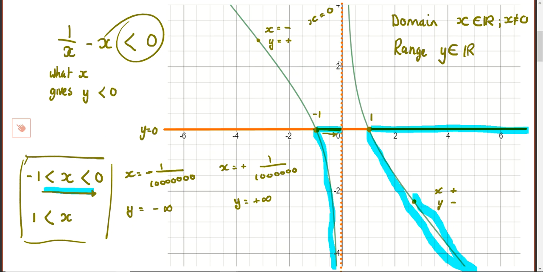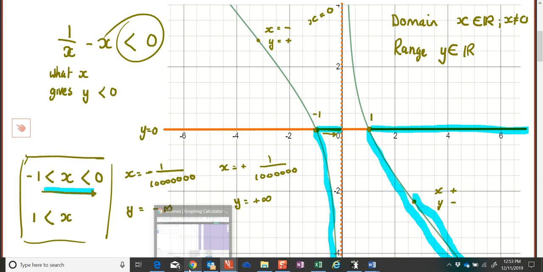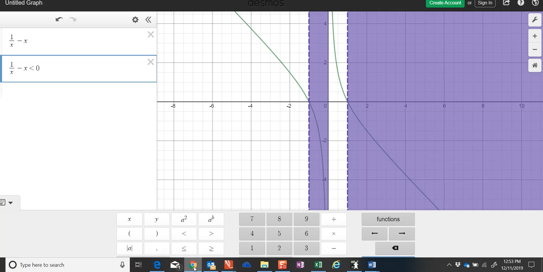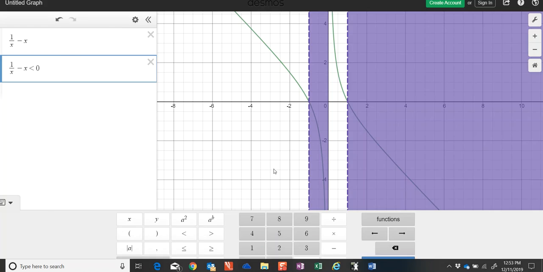So let's have a look at another one before I let you get on with the rest. Let's have a look at C instead. We'll start with domain and range. Are you with me? So C is x plus 6 divided by x plus 1.